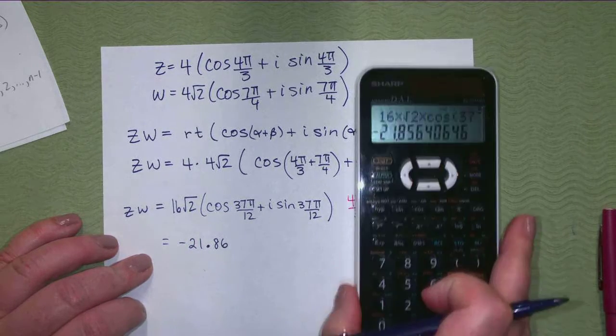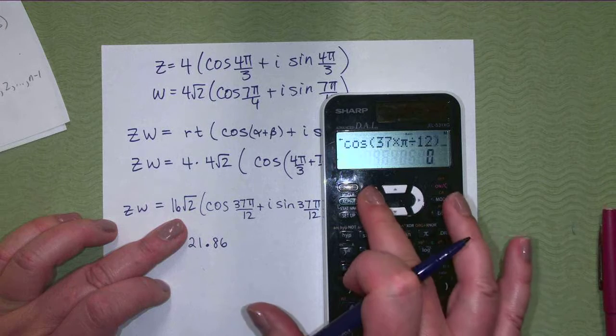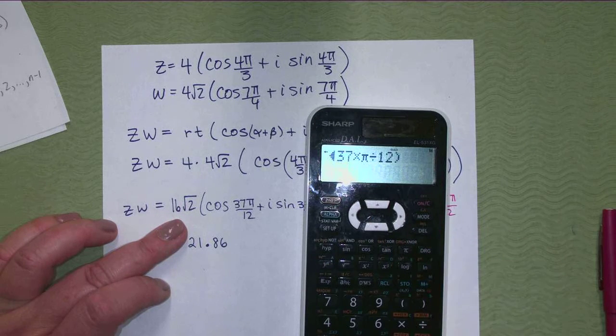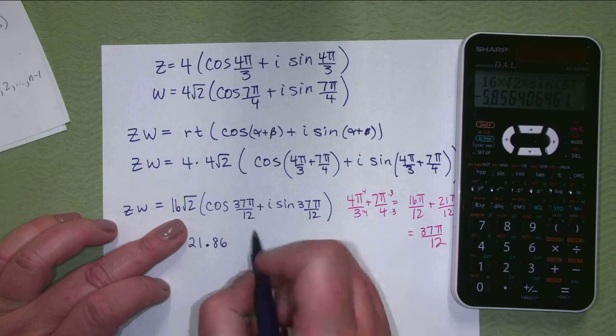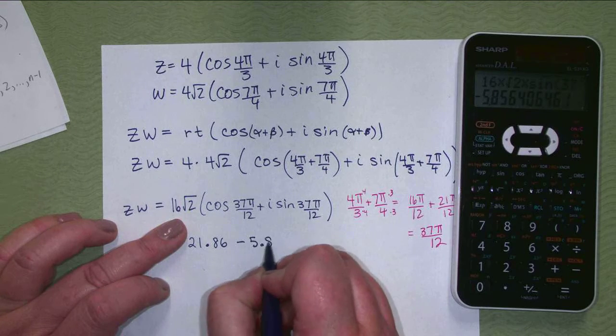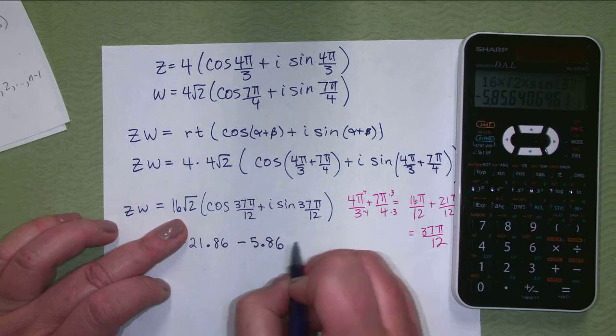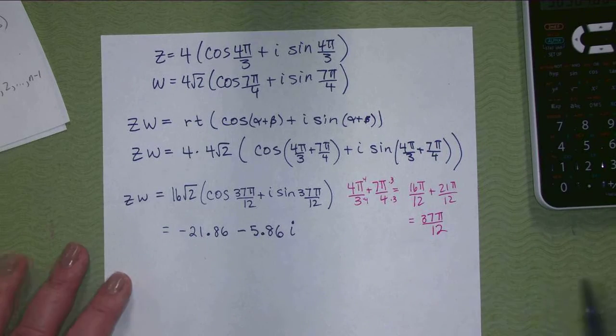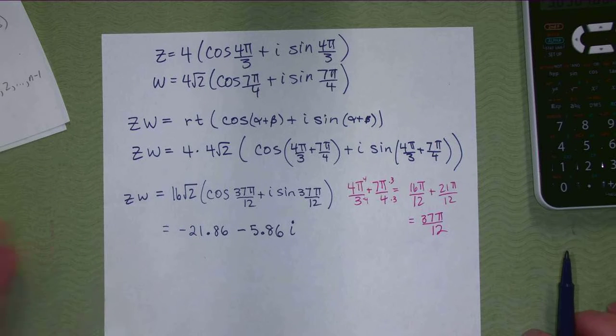Now with this calculator I can just go back and change the cos to a sine without changing anything else, and I get minus 0.86i. So here it would be in standard form. And then you could plot your point. Okay, does that make sense?